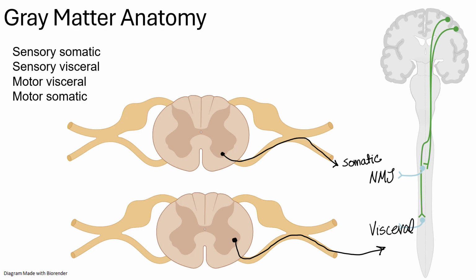Okay, let's just make 2 circles here because we've made 2 areas of gray matter. Let's do sensory as well. So if I have incoming sensory information that is from a visceral organ, here's my unipolar neuron, it will synapse right here.